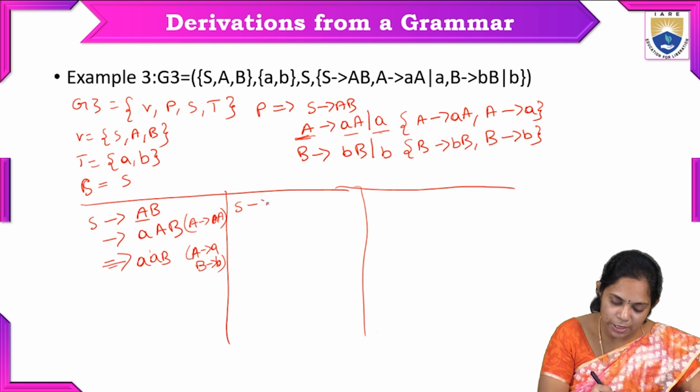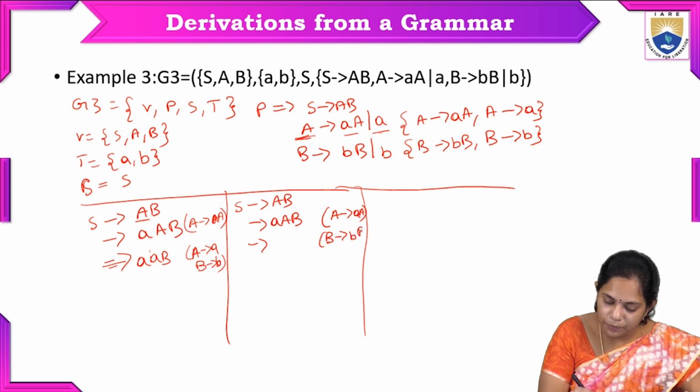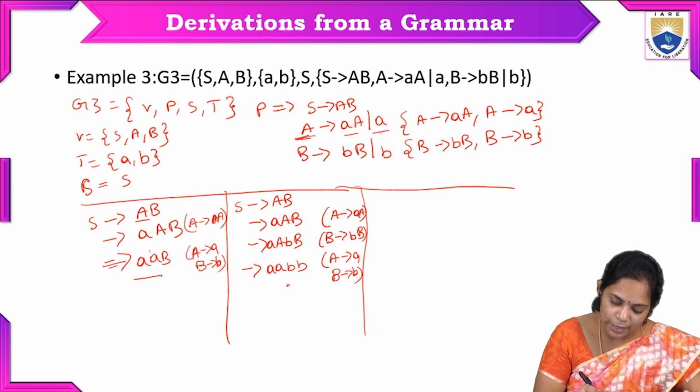And for the same starting state AB, if you substitute A and B, and A tends to A, and after that B tends to B, what we will get is ABB. And after substituting this one, A tends to A and B tends to B, we get ABB. So this is also one string from the same production rules.